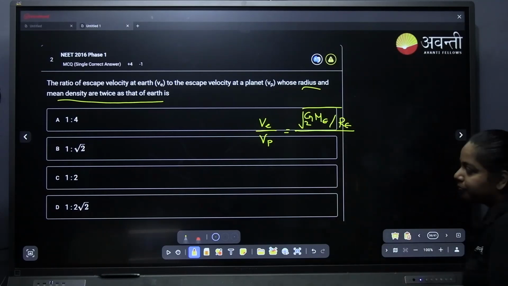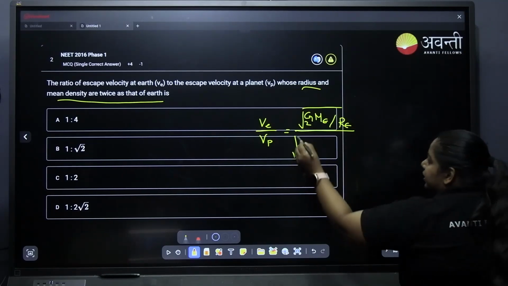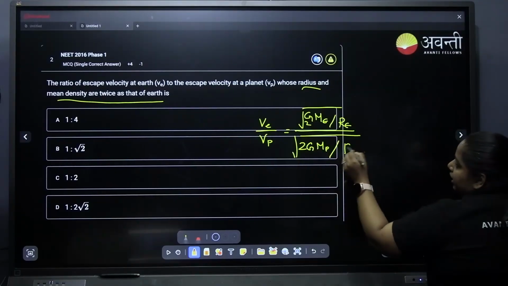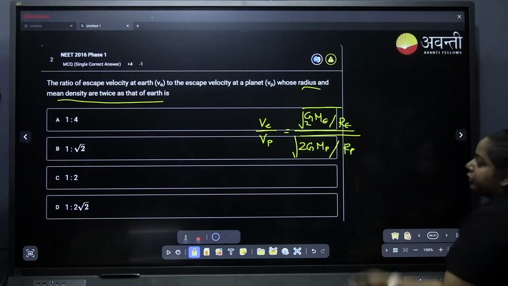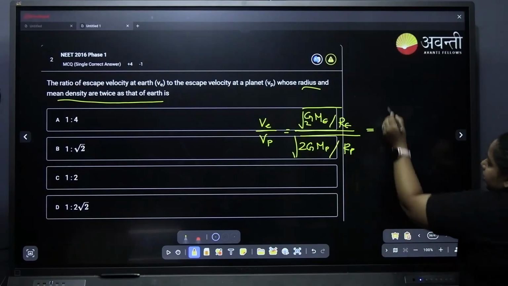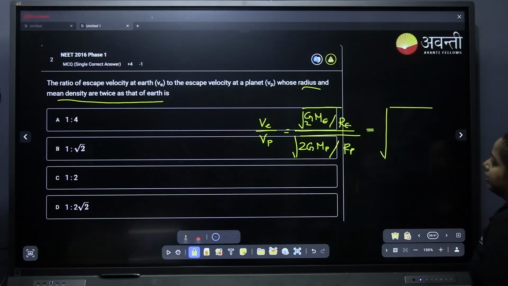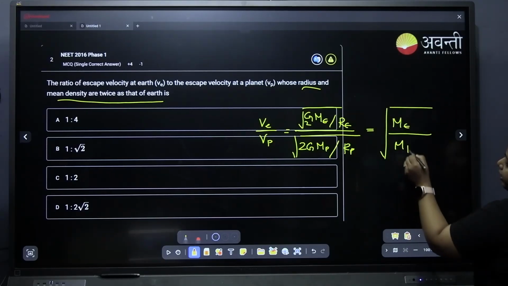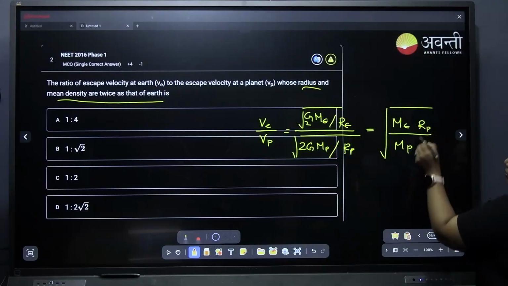VP will be equal to root of 2GMP by RP. Root 2G we can cancel, we will get root of ME by MP into RP by RE.